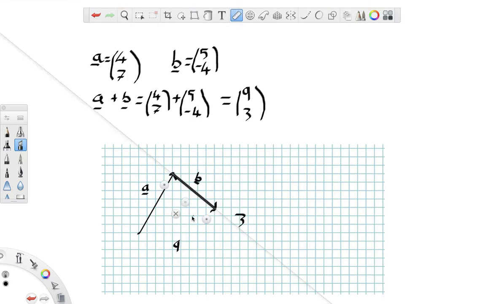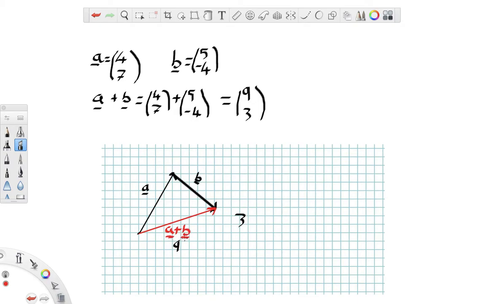So again, we can draw the vector A plus B. So that's what we'll do here. So that will look like this. Draw it in red again. So it will look like that. So the red is the vector A plus B, like so.